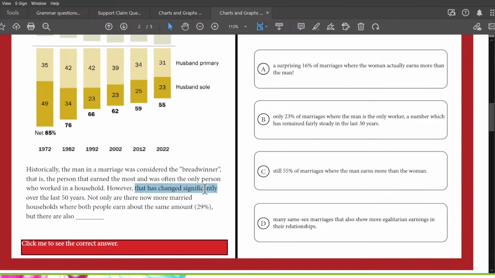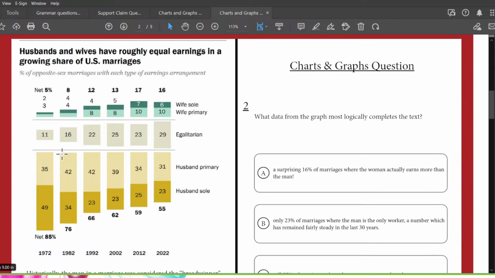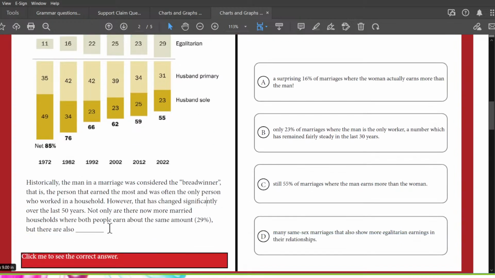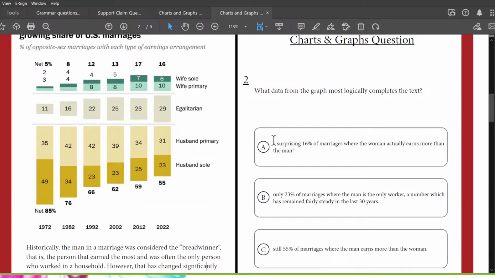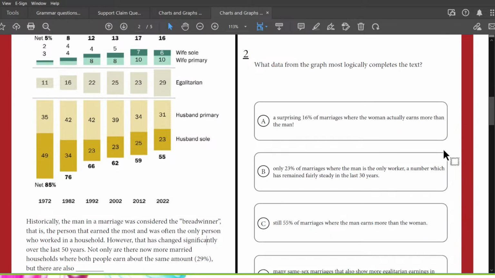Okay, what has changed? Okay, this. Okay, so, yeah, this is it, and then you would go more. Yeah, so you want to go that way. That's, yep, that makes sense.